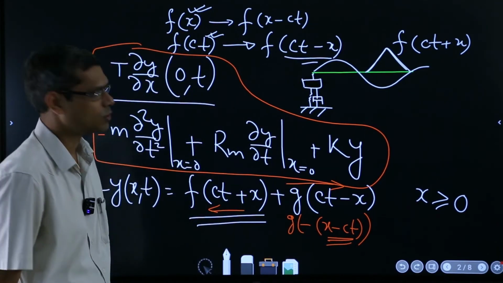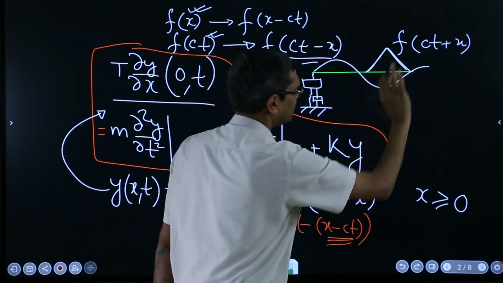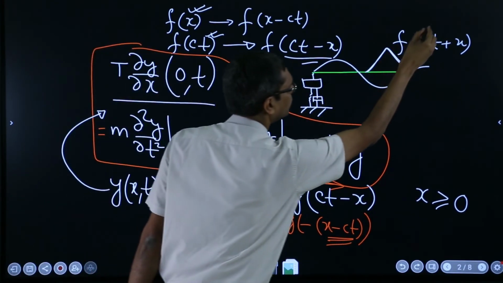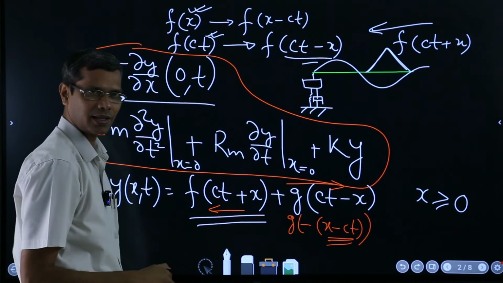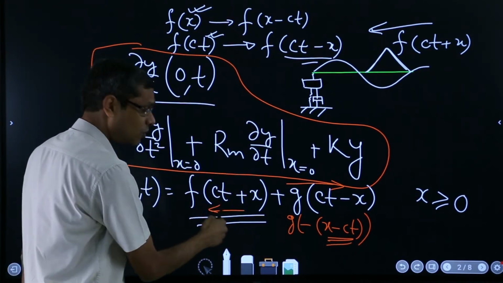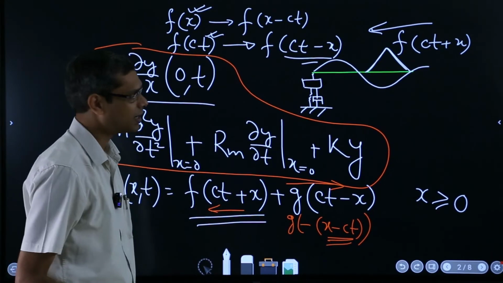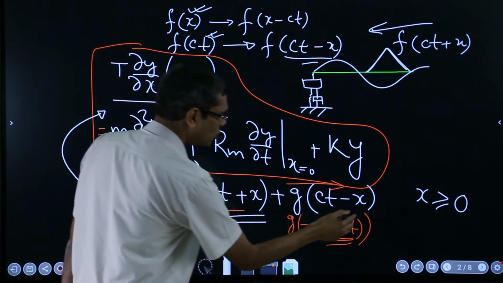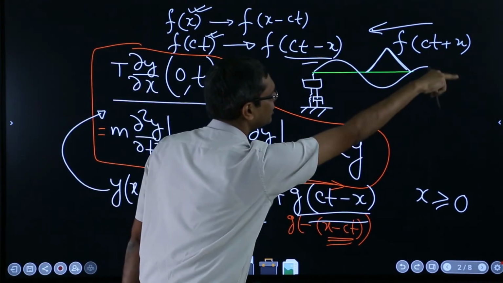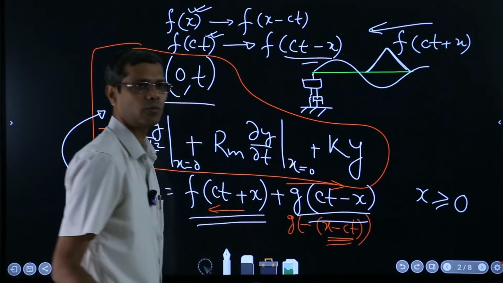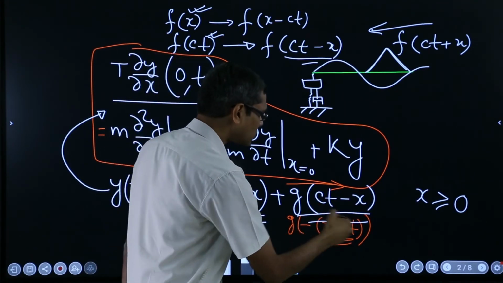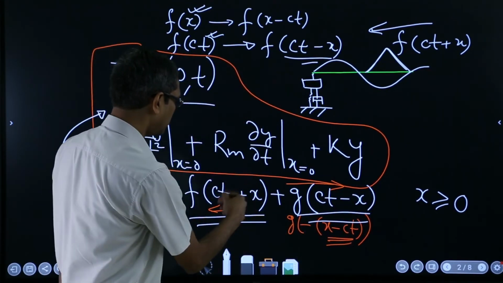At t equal to 0, suppose this is the shape. Now that will move this side. So this is the known function with which you will start, but like in the previous case, now we don't know how it will be reflected back, how the right going wave will become. So that is why we are trying to solve for this, knowing this. So that's the idea.